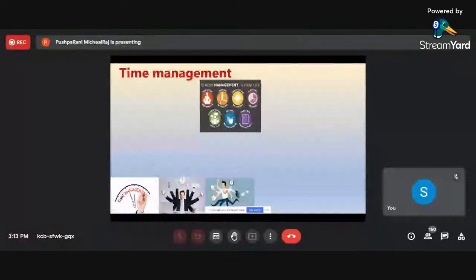Time management skills are very essential when you do research because they allow you to break down your task. When you break down your task and delegate it, you have better planning. You know which one you need to do first, which is prioritized, and you will also set goals.